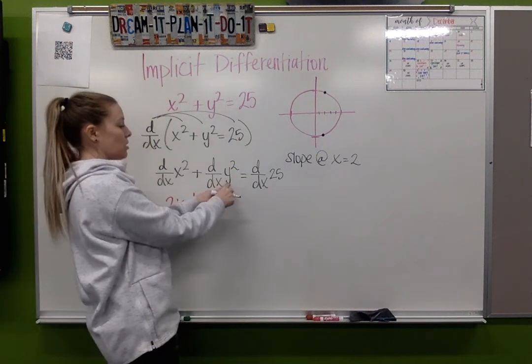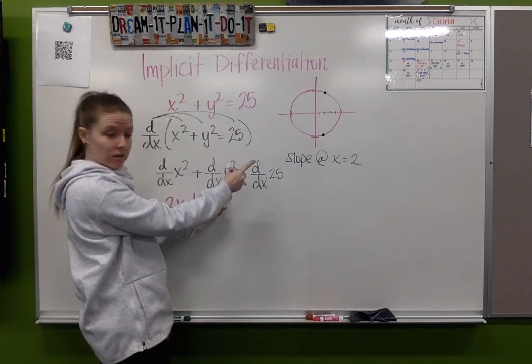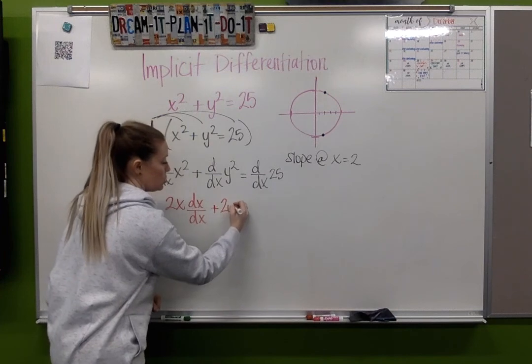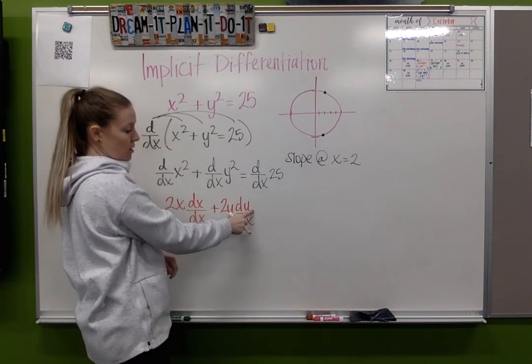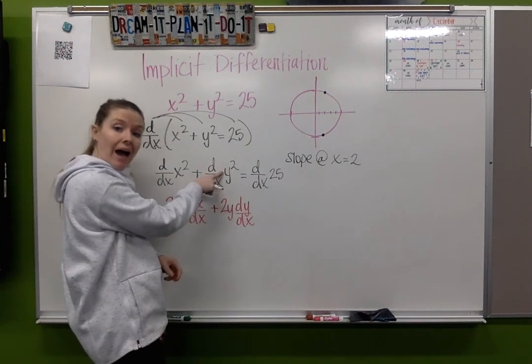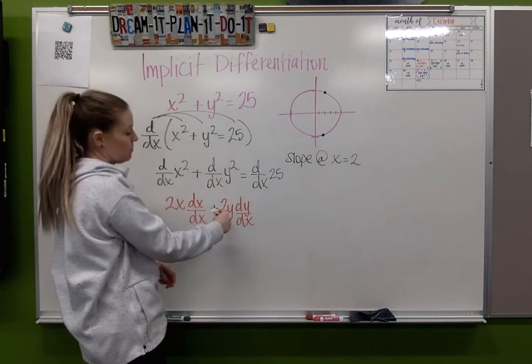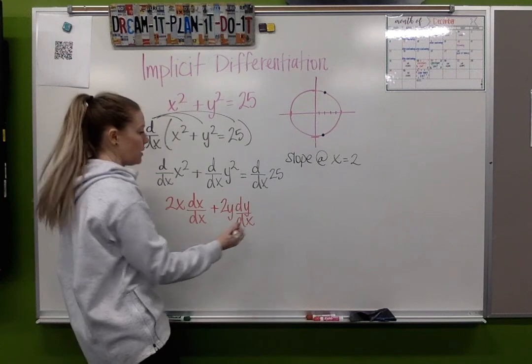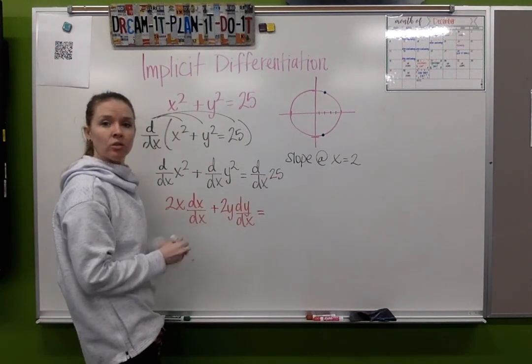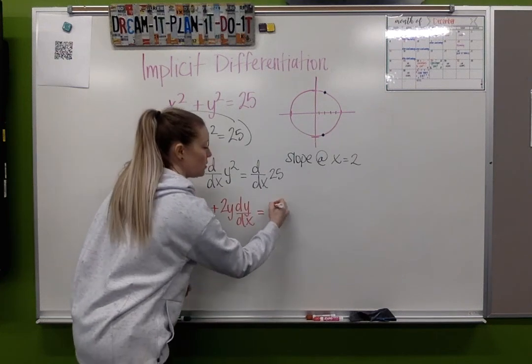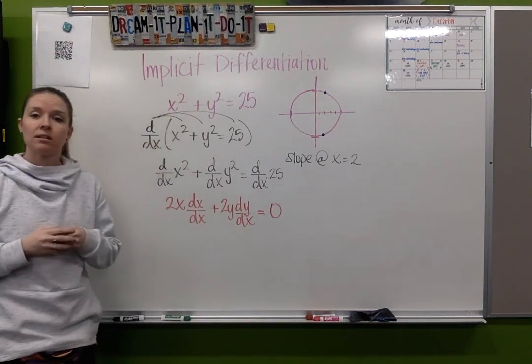Plus the derivative of y squared, so we're going to get 2y dy dx. We took the derivative of y with respect to x, dy dx, equals the derivative of 25. 25 is a constant, so that derivative is 0.